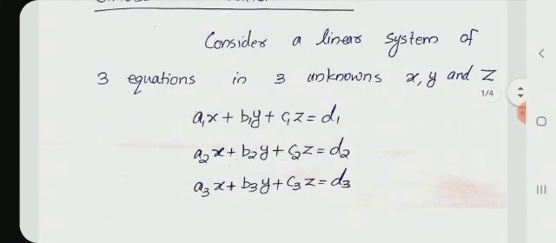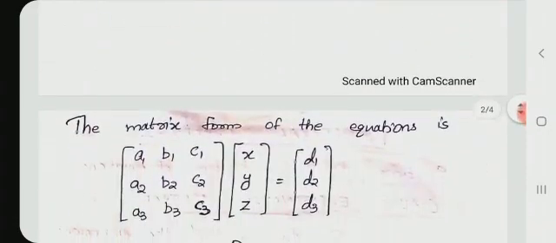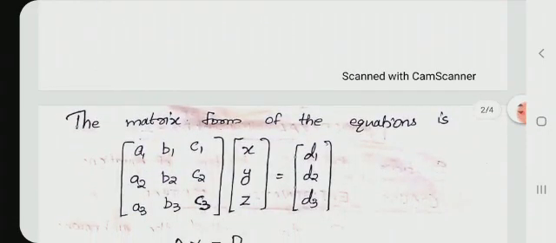For solving this system using the Gauss elimination method, first we form the corresponding matrix form. The matrix form of this system of equations is a1 b1 c1, a2 b2 c2, a3 b3 c3 into x y z equal to d1 d2 d3.